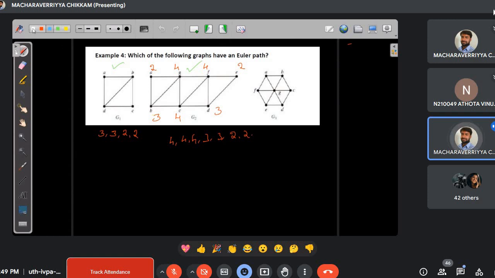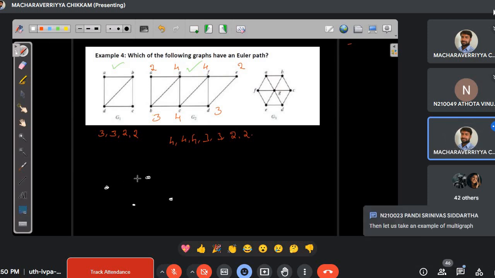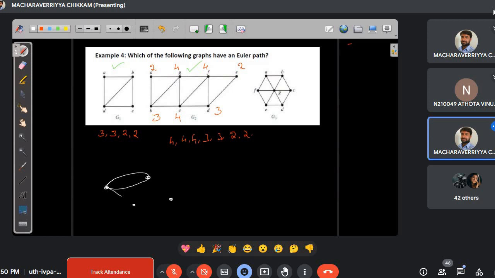Now let's do one thing. Let us think of a multigraph now. As you asked the question, let me draw a multigraph. I'm taking an example of a multigraph.